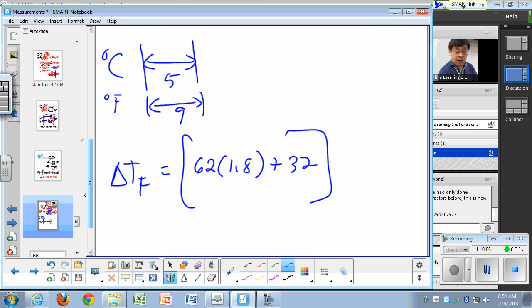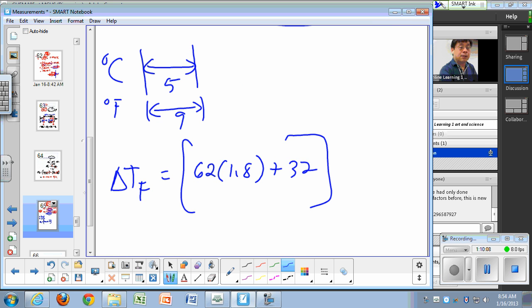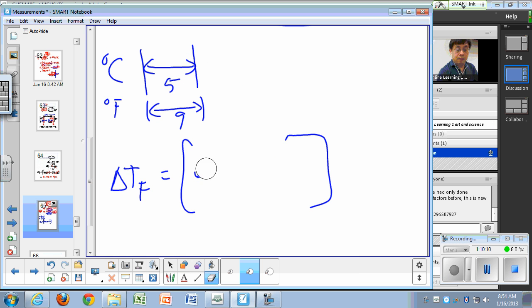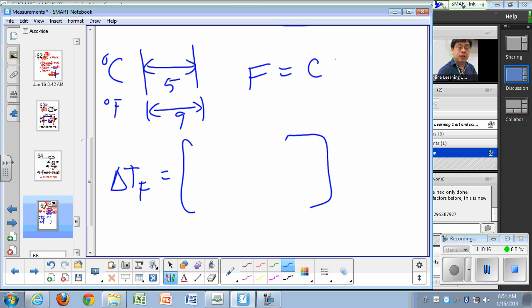Oh, it's Fahrenheit. So how do I go from Fahrenheit to Celsius? If Fahrenheit is Celsius times 1.8 plus 32, how do I solve for Celsius if I know Fahrenheit?